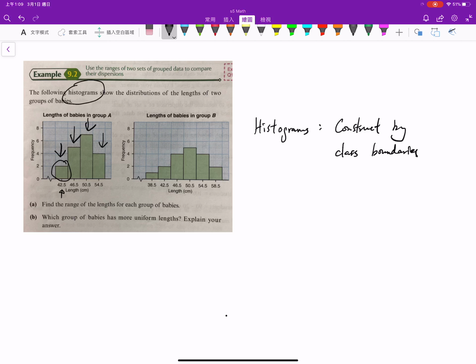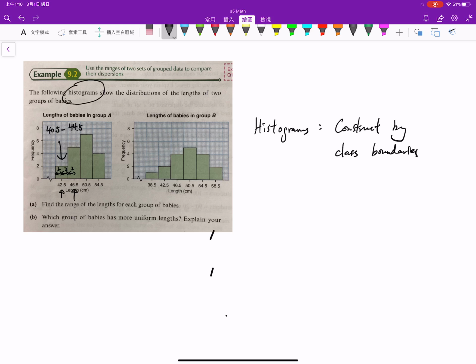And the class mark of the second one is 46.5. Then what is the distance between these two? It's 4, right? So for each, it will be 2. Can you find the class boundary of the first bar? It will be 42.5 minus 2, which is 40.5, and 42.5 plus 2, which is 44.5.